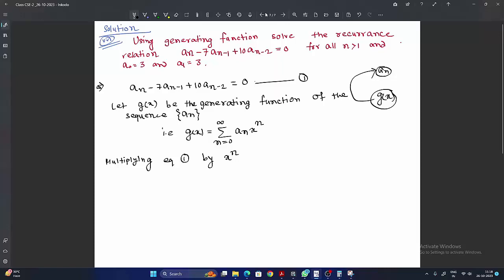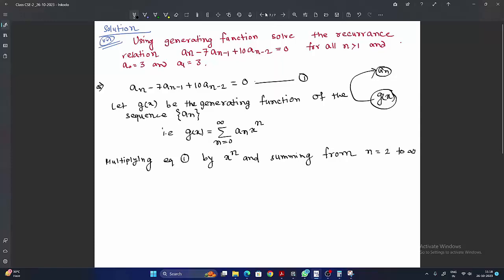So we multiply each a_n by x^n first, and then we sum from n is equal to 2 to infinity, not n is equal to 0 to infinity.